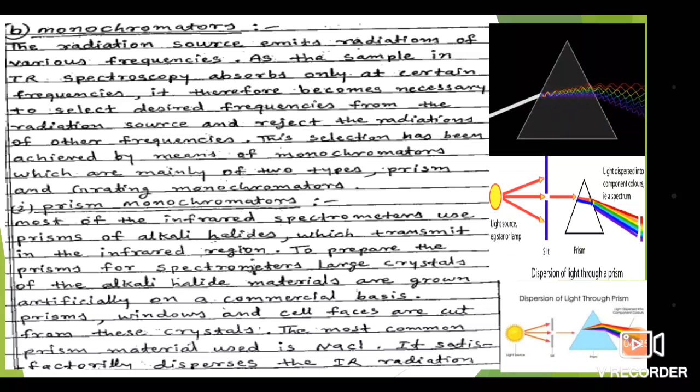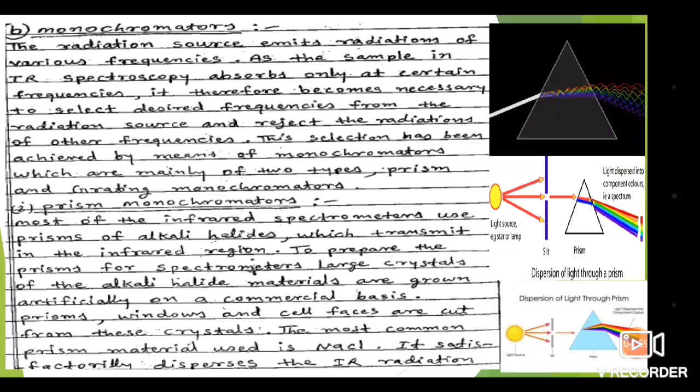So we require a specific frequency for the absorption, because each atom and each substance has a relative frequency or relative wavelength equal to the energy required to promote the electron or atoms, or to change their energy levels.